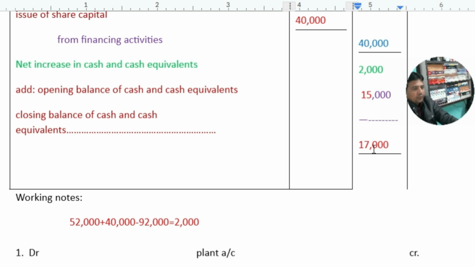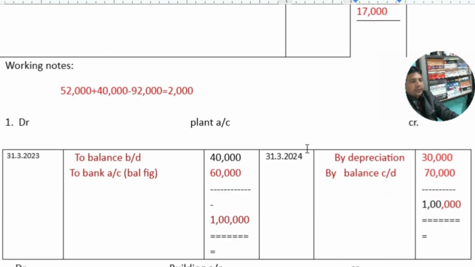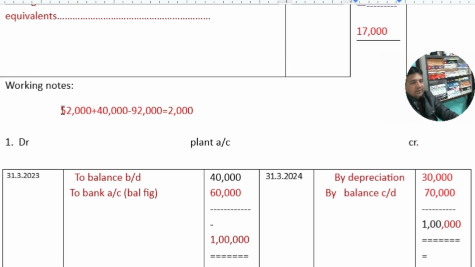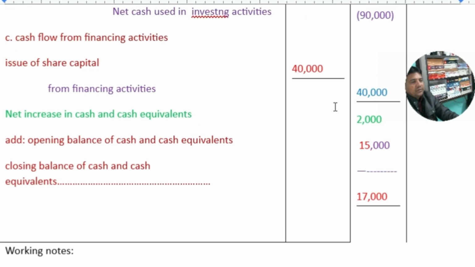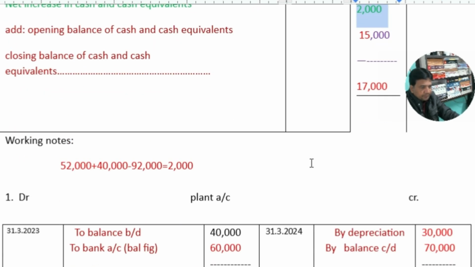So exact value we got here, 17,000. Alright, so this is the net increase in cash and cash equivalent calculated. 52,000 plus 40,000 minus 90,000. So balance 2,000 positive, and this is 2,000 net increase in cash and cash equivalent.